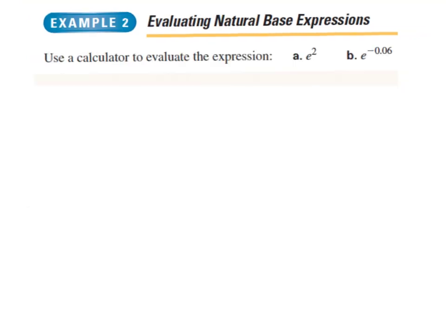Continuing on, we want to evaluate this expression with our calculator. So we're going to get our calculator. To evaluate e squared on your calculator, we start with the button second, and then ln, which, right above it, is e to the x. That's in blue.